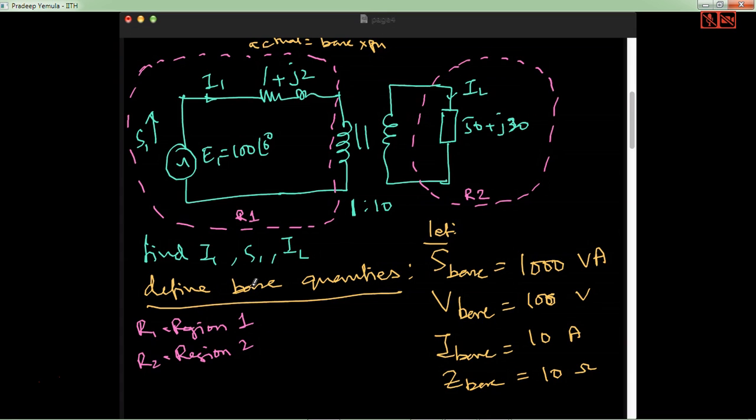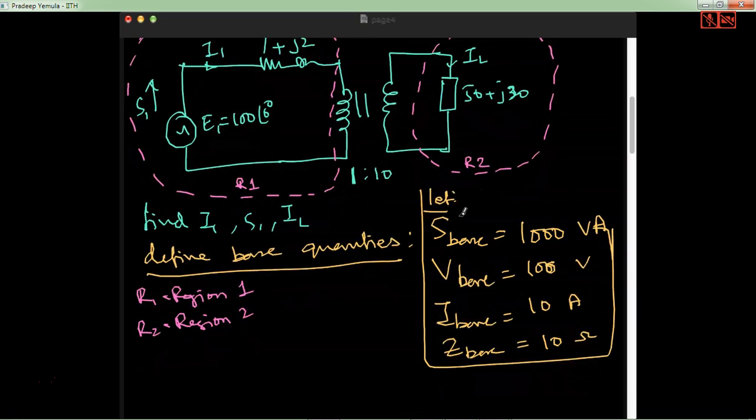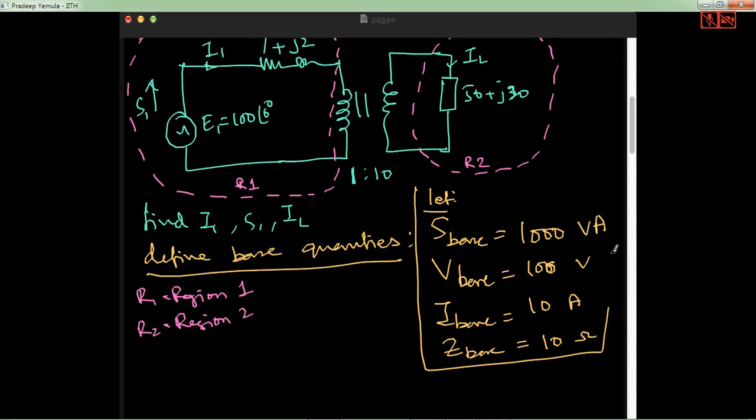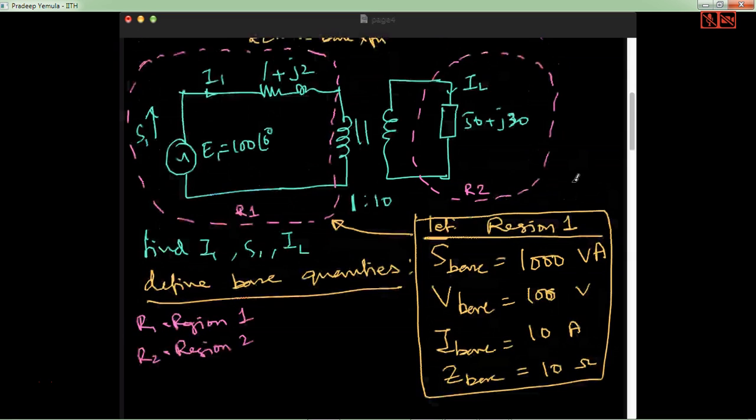Now for both the regions, what about the base system? This particular base system is region 1. Each region will have their own base system. That is the point here.